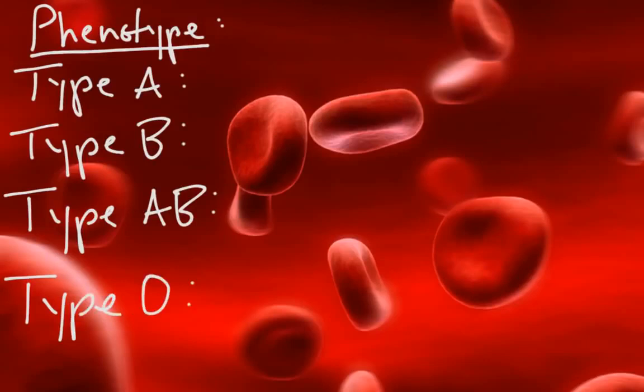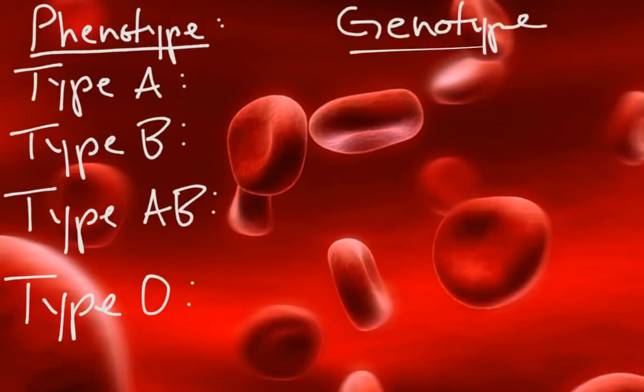Now let's talk about the genotypes for blood. The genotype is your genes, and if you recall, we're always going to have 2 alleles for every gene because we're going to inherit one from our mother and one from our father. Now, what we're going to find is that A and B are both dominant to type O. So O is going to be recessive.